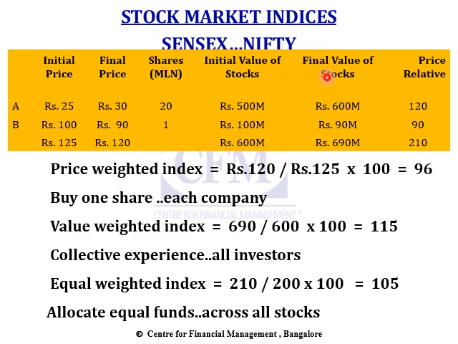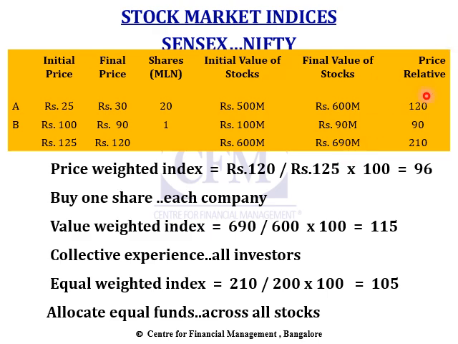The final value of stocks A and B is shown here. Stock A appreciated from rupees 25 to 30, so the final value appreciates from rupees 500 million to rupees 600 million. Stock B suffers a decline of 10%, so the final value is rupees 90 million. The total of A and B in the final year is rupees 690 million.